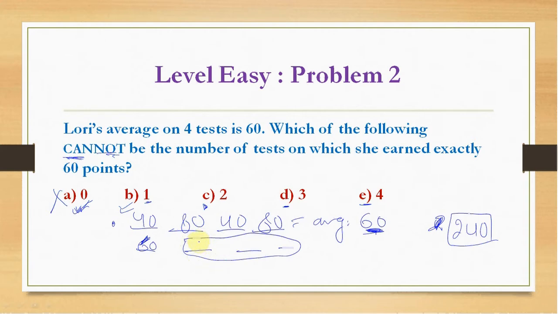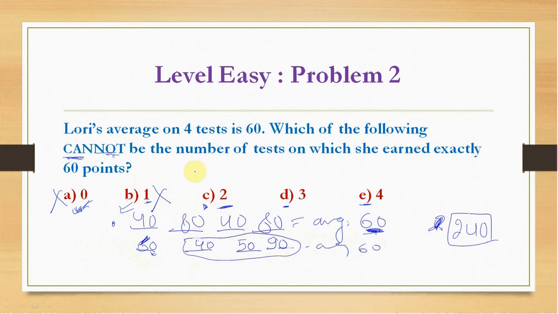For example, she can obtain 40 here, 50 here, and 90 here. So 90, 50, 40 makes 140, 180, and with 60, 240. So again the average will be 60. So she can obtain 60 on exactly 1 test. Again, this is not our correct answer.